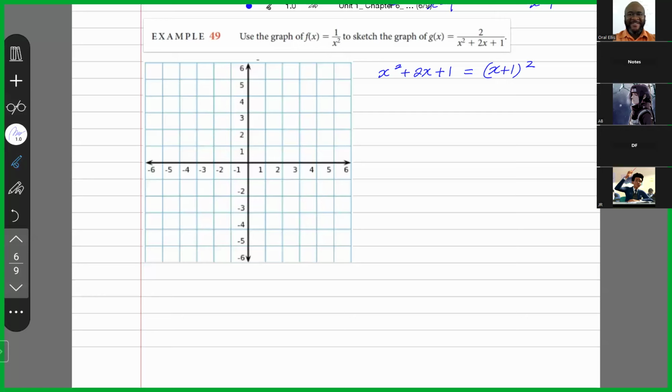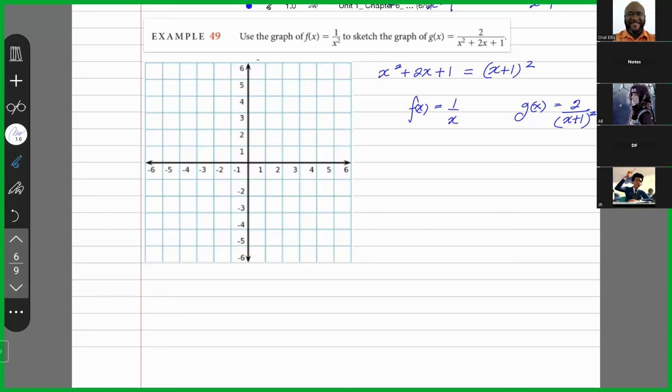So on the left side we have f of x is equal to 1 over x squared, and on the right, let us say g of x is equal to 2 over (x plus 1) squared.